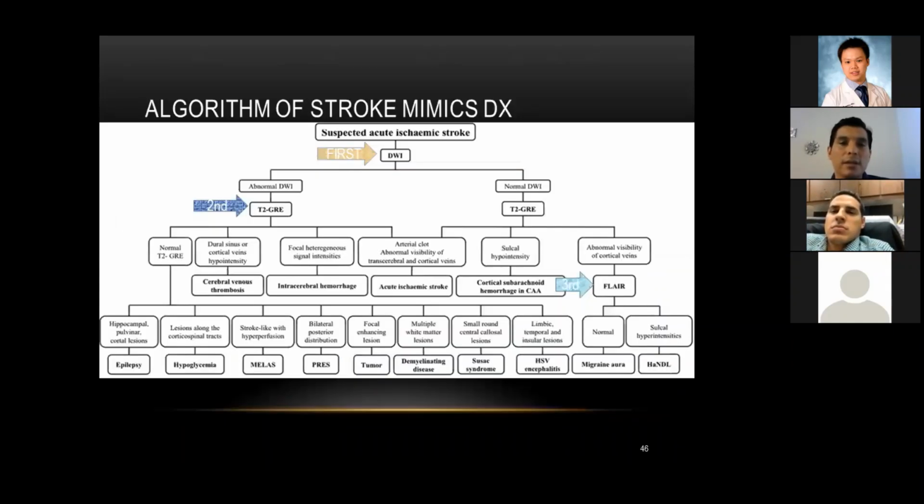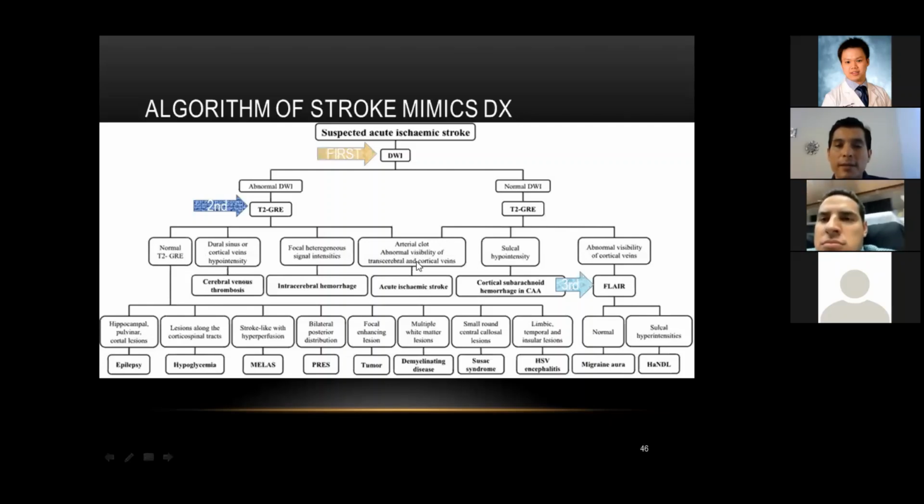So this is the algorithm that we have just covered. First, always think about DWI and what is happening in DWI, and then whether it is normal or abnormal, it depends on the gradient to classify these other pathologies.